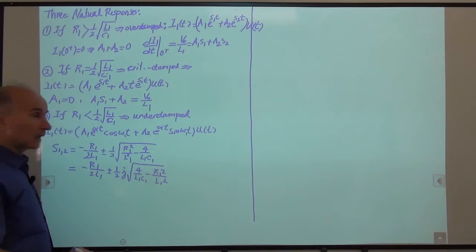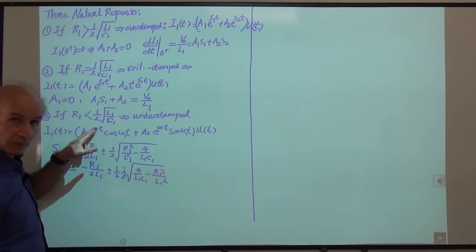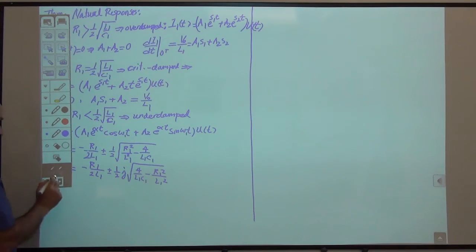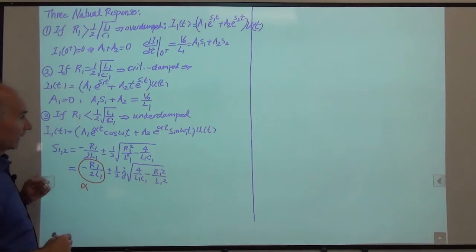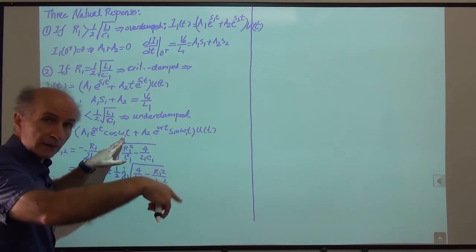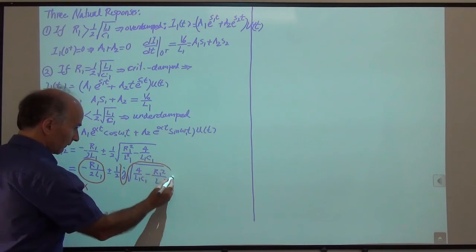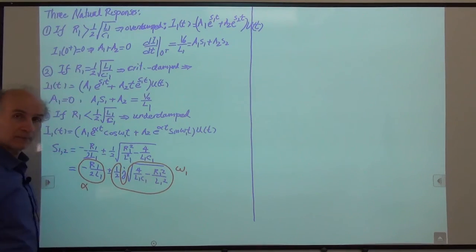So now I can see that this alpha, which determines how fast this exponential decays, is given by the first term. So this is alpha. And then omega 1, which is sort of the frequency of that ringing, is given by all of this here. So that's omega 1.